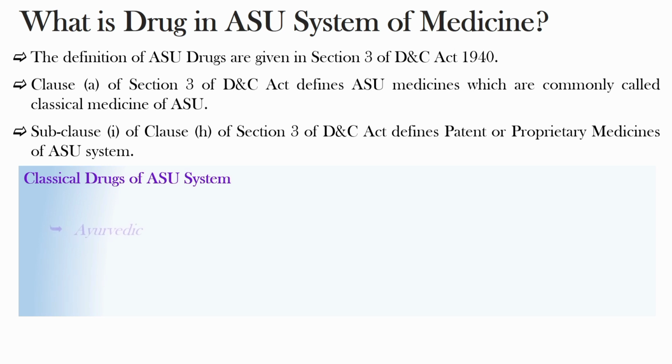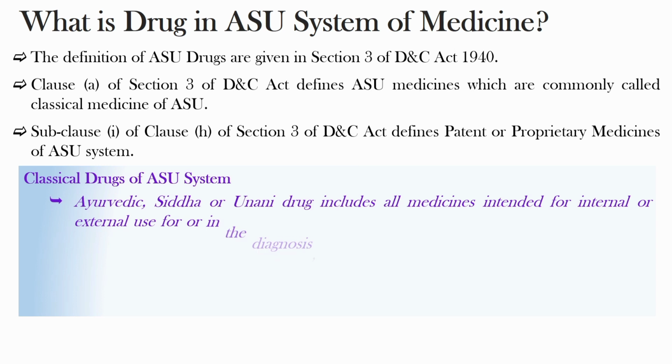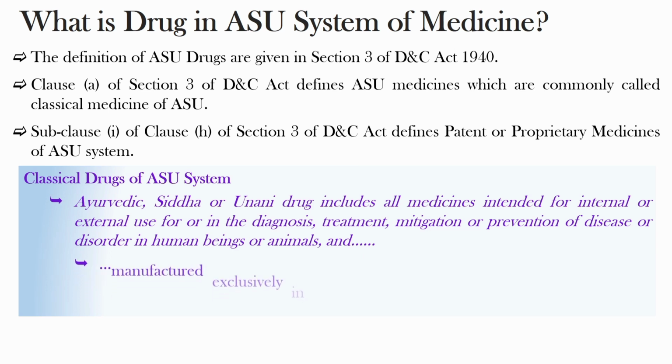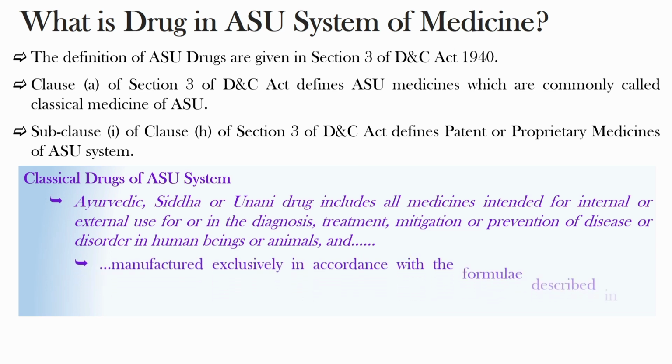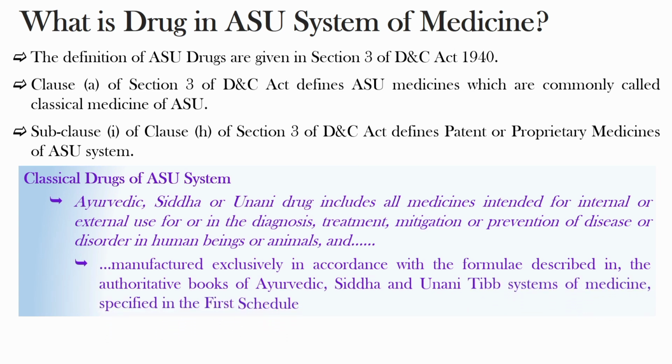Here the Act says Ayurvedic, Siddha or Unani drug includes all the medicines intended for internal or external use for or in the diagnosis, treatment, mitigation or prevention of disease or disorder in human beings or animals, and manufactured exclusively in accordance with the formula described in the authoritative books of Ayurvedic, Siddha or Unani system of medicine specified in the first schedule of the Act.